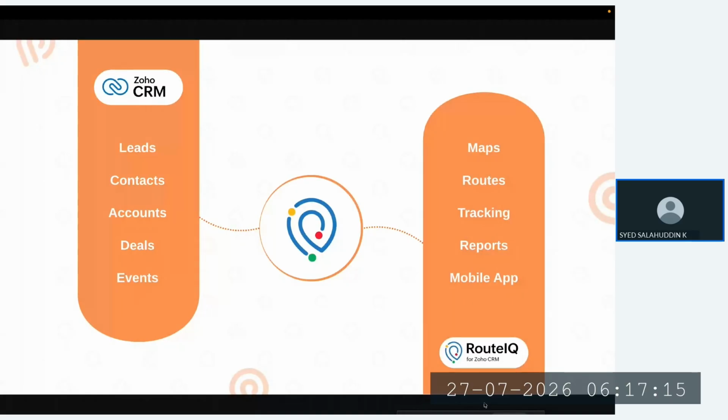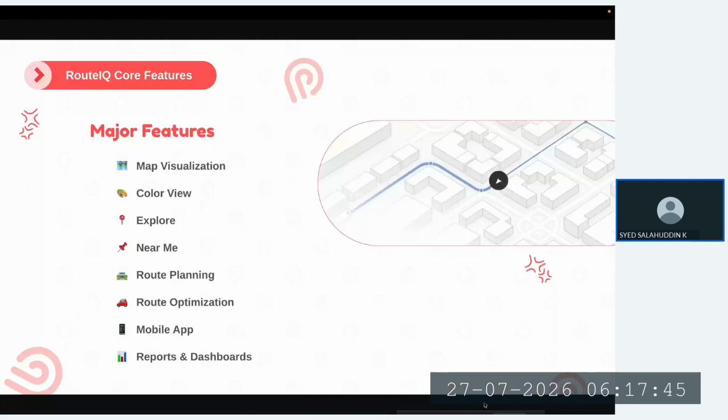From there, Route IQ allows you to visualize customer locations on the map using geolocation pins, create optimized travel routes, track field activities, generate reports, and provide a mobile experience for your field executives for ease of accessing the application. Now that we know where Route IQ fits into the CRM ecosystem, we can move on to the major capabilities it provides.